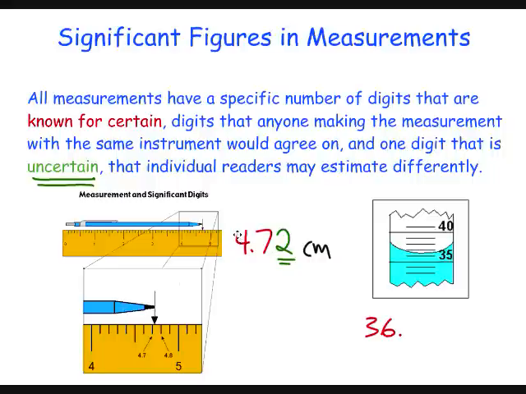Is it 36.5, 36.4? So I might look at it and say it was 36.4 milliliters. Again, that 0.4 part being the uncertain digit. And so that would be okay. If someone else were to read it as 36.5 milliliters, that would be fine. And just so we're aware, remember we read from the bottom of the meniscus, that curved surface of the liquid inside the graduated cylinder.